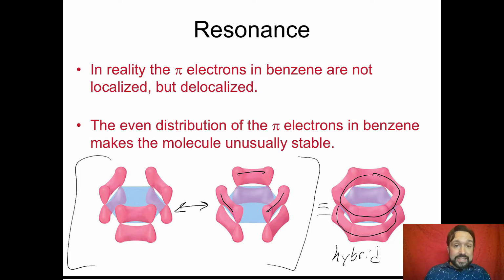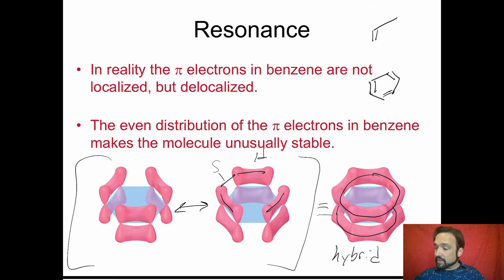The easiest one for us to talk about is something we discussed back when we introduced resonance. We don't have a long single bond and a short double bond. We don't see this alternating system of long and short bonds in benzene. We see equally sized bonds.